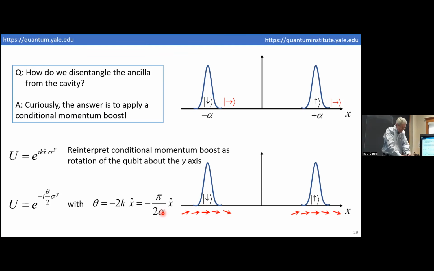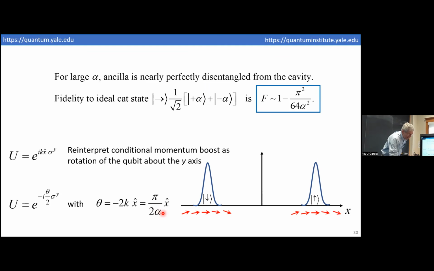So it's almost unentangled. Okay? And in fact, the fidelity to the exact thing I want is 1 minus pi squared over 64 alpha squared. Okay? It's pretty good. But still, it has this error. Is there some way to get rid of that?